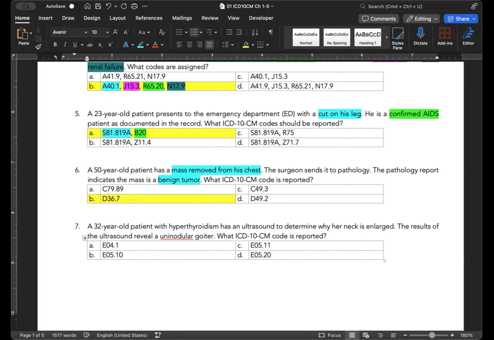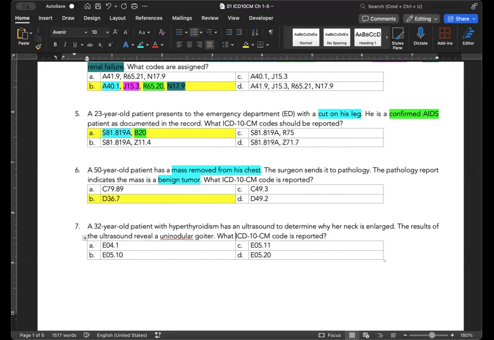Number 7, a 32-year-old patient with hyperthyroidism has an ultrasound to determine why her neck is enlarged. The results of the ultrasound reveal a uninodular goiter. So what's our main term for this one? Goiter.